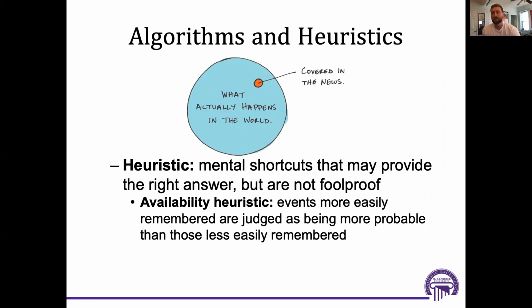For instance, things that you see on the news, even events or occurrences that are super rare, you're more likely to judge as being more probable just due to your exposure to these ideas, right? So this is the idea of the availability heuristic. With familiarity and exposure comes this error in judging probabilities of those particular events.